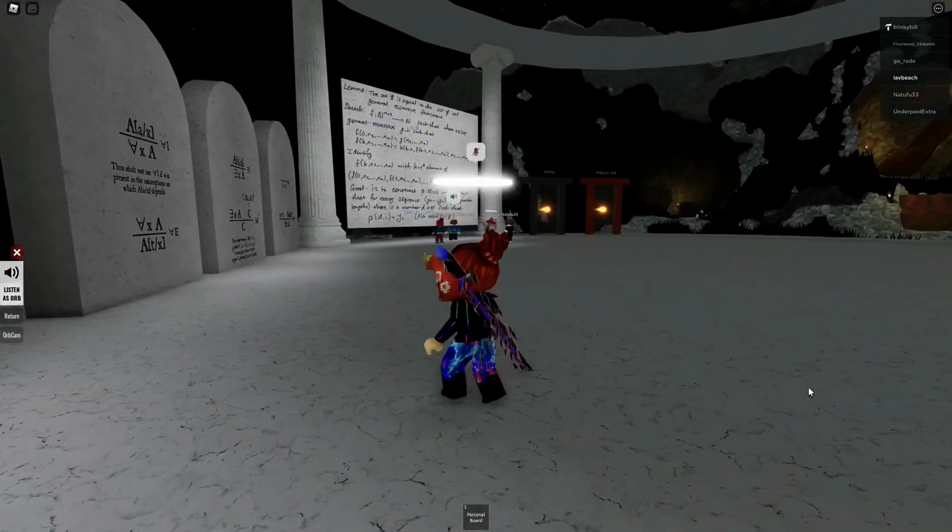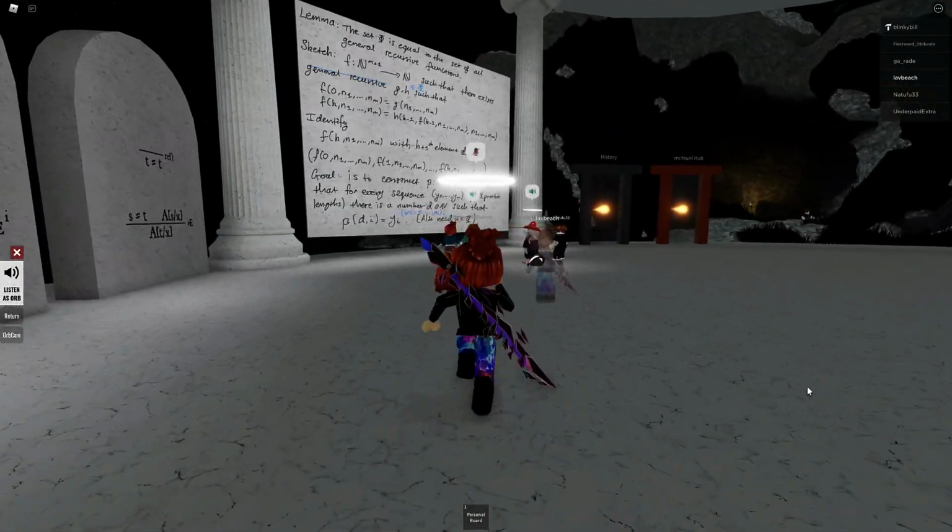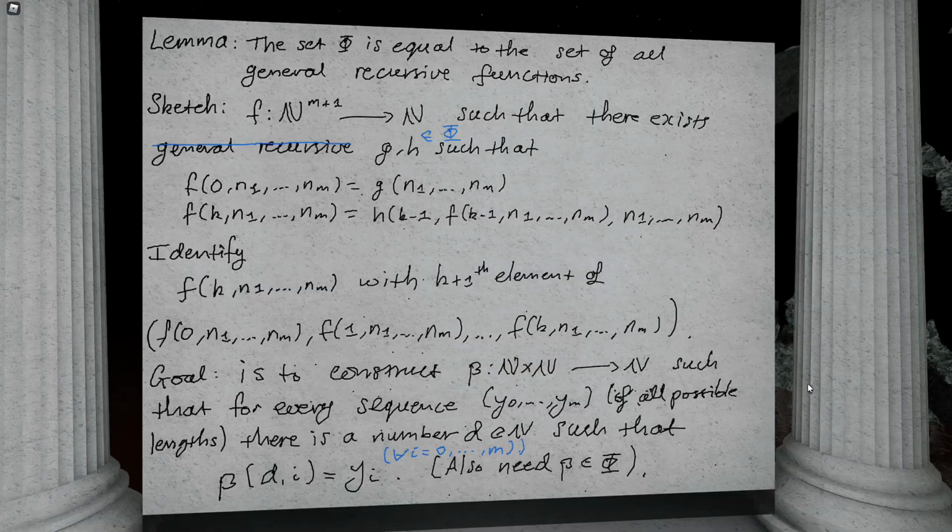Is that the problem that you have? No, I wasn't pointing out a problem, I was just trying to understand how this lemma is going to be applied. Is this f, g, and h the same f, g, and h from defining a function via primitive recursion? Yeah, that's exactly correct.